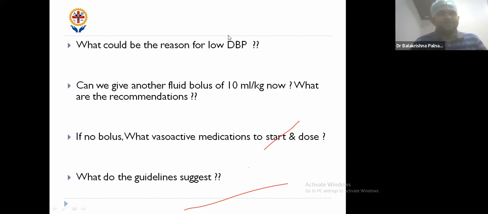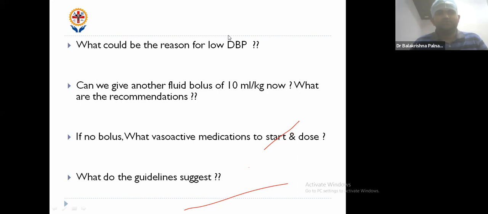So if the child is fluid responsive, the only thing you need to see is, whenever you are doing a fluid bolus, your blood pressure should get better and your heart rate should decrease. At the same time, you should watch out for signs of fluid overload. So these are the three things which need to be followed whenever you are giving a fluid bolus, rather than simply blindly not knowing what type of shock. Shock can be anything.